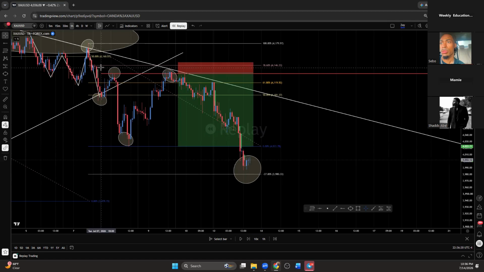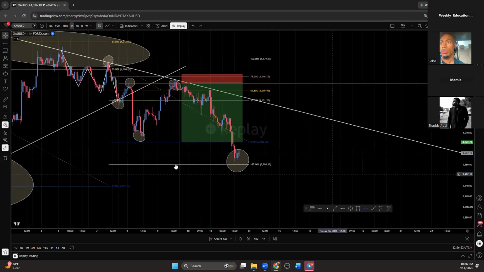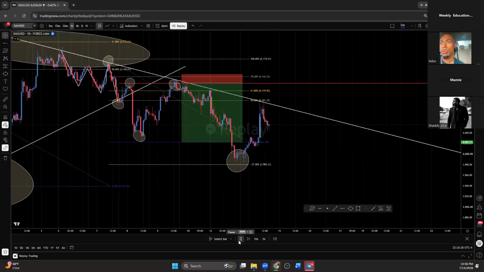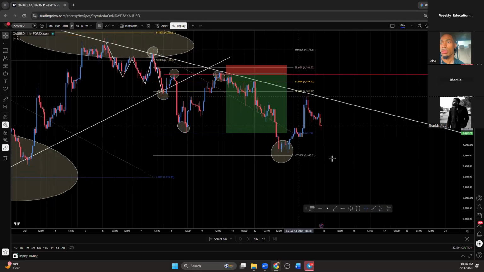Lower high again. So when CPI came out or the market did its thing today, all it did really, guys, was create another what? Lower low, lower high, sir. Lower high. Y'all see that? Another lower high.